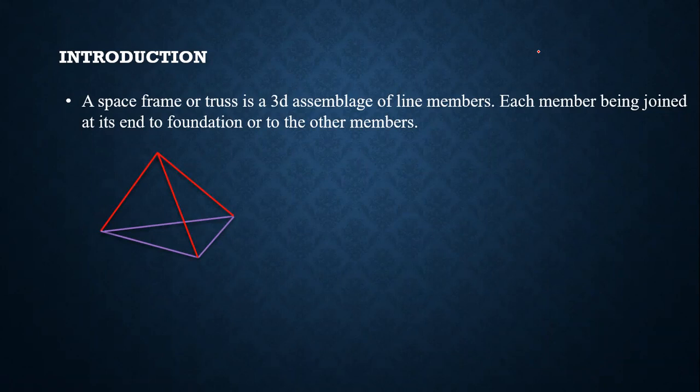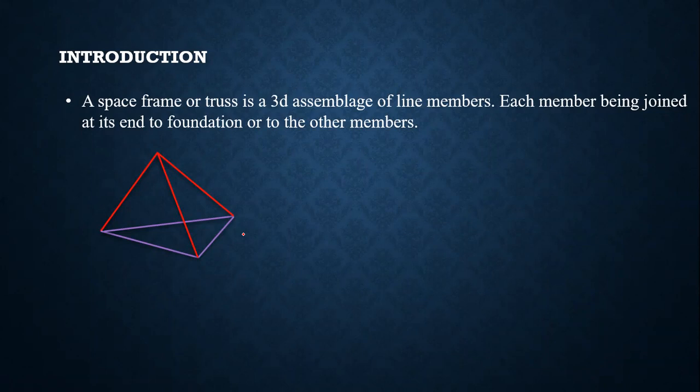A stable space frame can be constructed by a successive addition of three new members and a joint. In this figure we can see at every joint there's a three member joint. The original tetrahedron consists of six members and four joints.